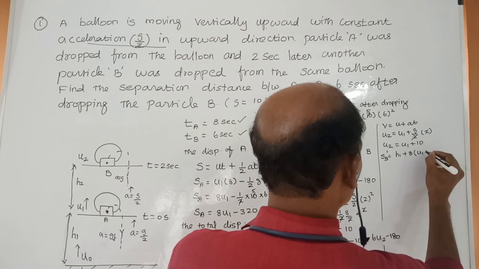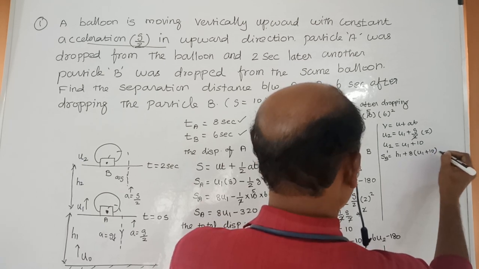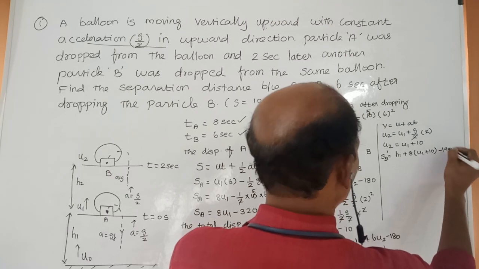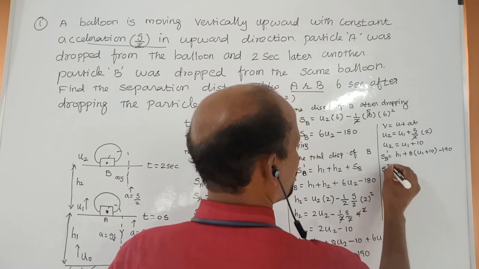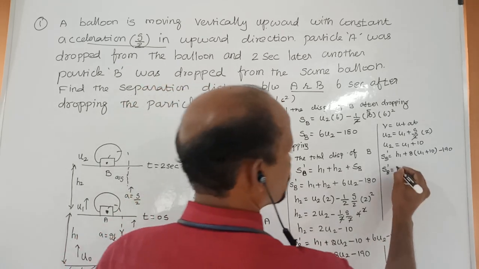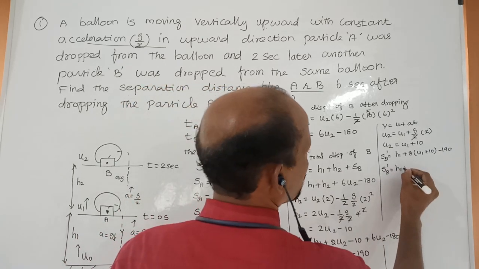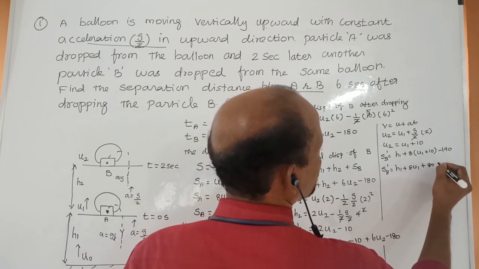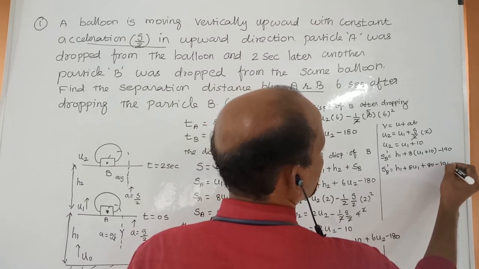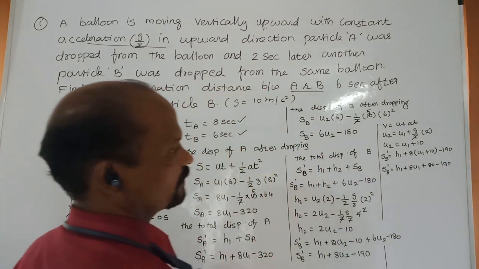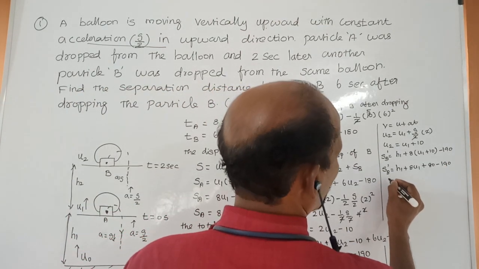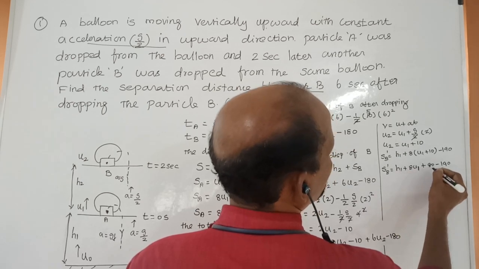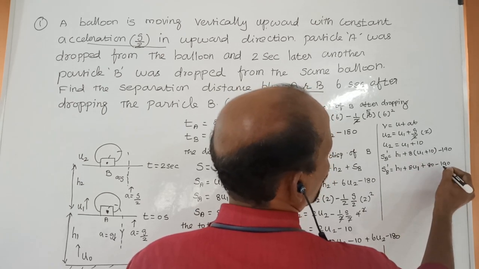So S_B dash equals H1 plus 8u1 plus 80 minus 190.